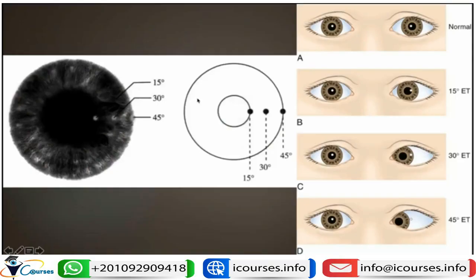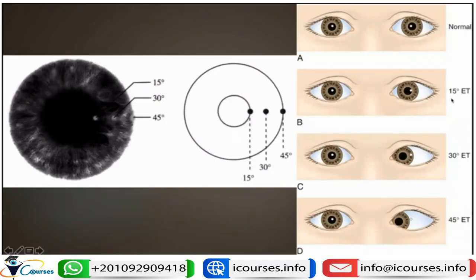If the light reflex is present at the edge of the pupil, like here, then the angle of deviation is about 15 degrees. This angle of deviation is equal to half of the prism diopters of the corrective prism.